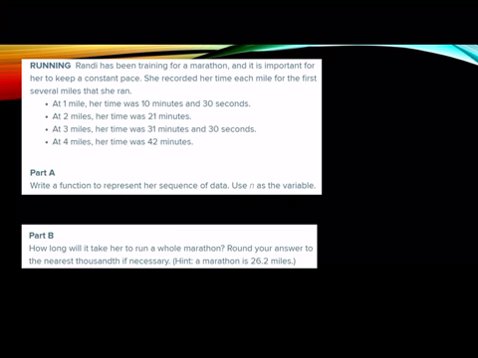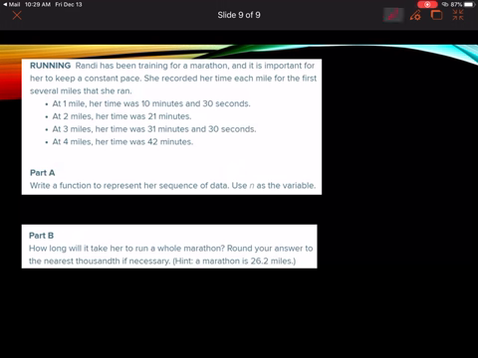So Randy has been training for a marathon. It is important for her to keep a constant pace. She records her time each mile for the first 7 miles. At mile 1, she ran 10 minutes and 30 seconds. At mile 2, she ran 21 minutes. So I have to take 21, and remember 10 minutes and 30 seconds is 10.5.